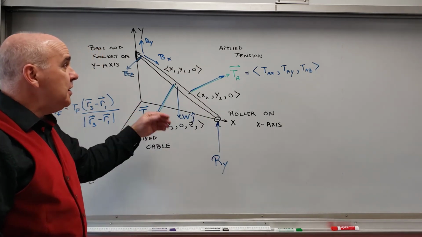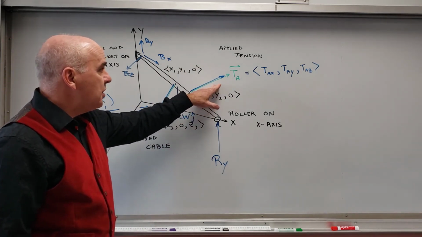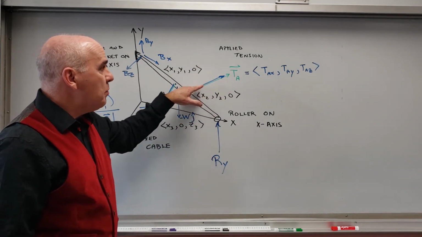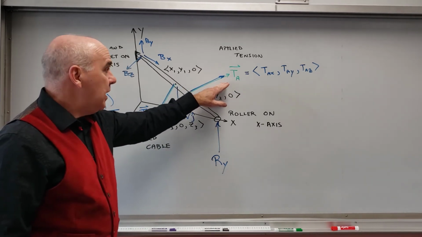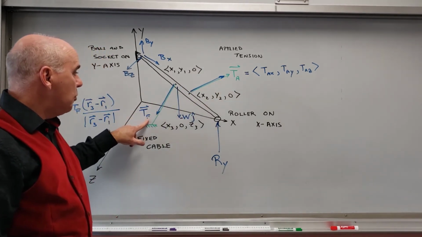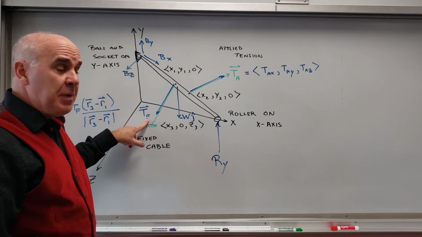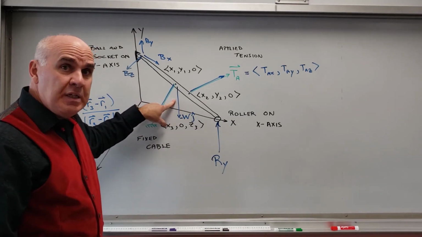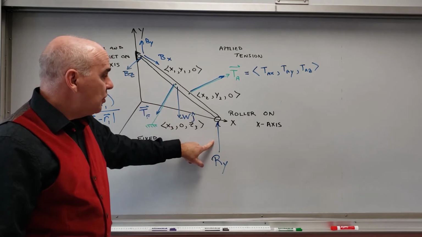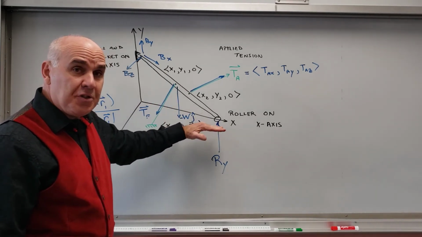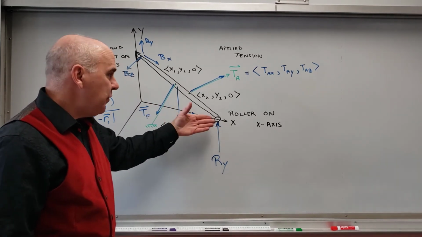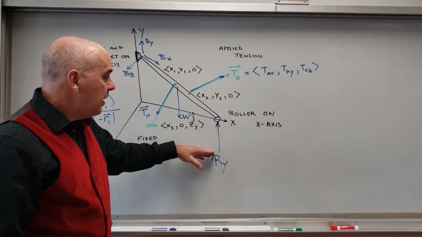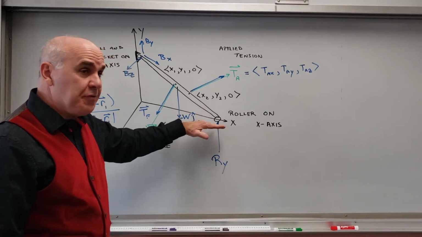If I were defining these forces, this would be a tension due to this rope acting on the bar. This would be a tension due to rope 2, the fixed rope, acting on the bar. This would be a gravitational force due to the earth acting on the bar. This would be a normal force due to the surface acting on the bar. If you want to say due to the roller, that's okay, but I like due to the surface better.